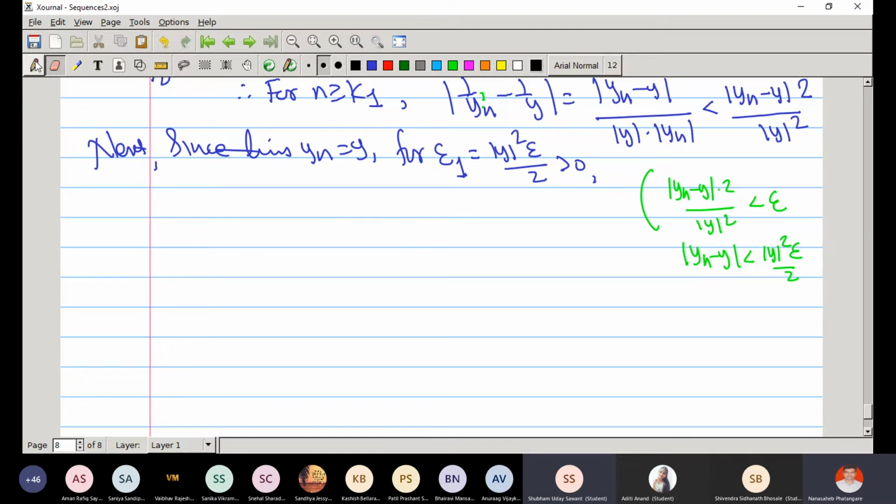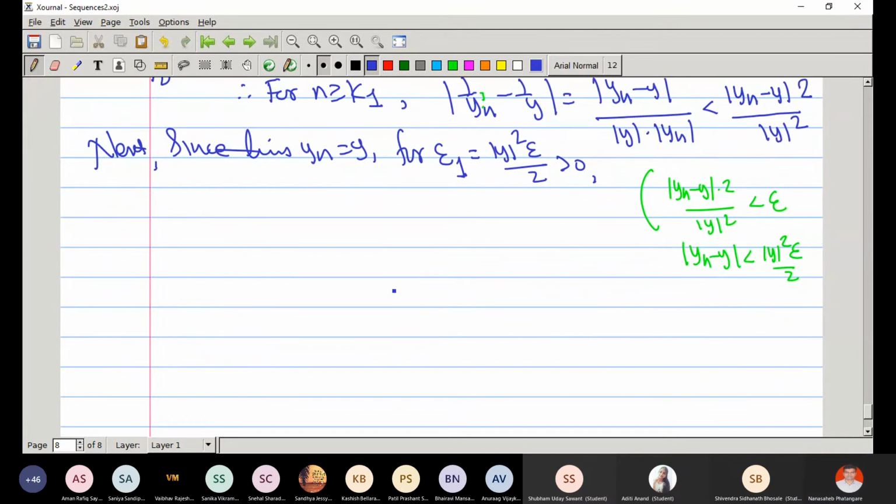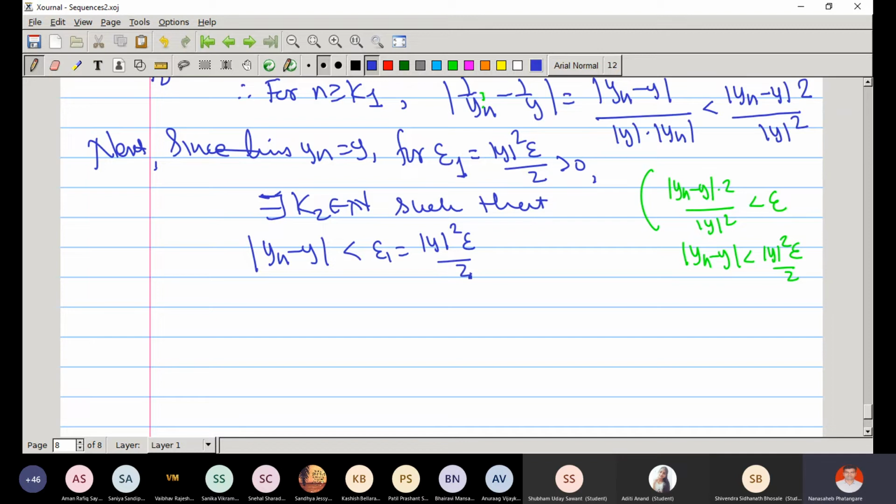For which n? For every n? No, sir, for n greater than k2. So there exists k2 after which this is going to happen, such that the distance between yn and y is less than this epsilon 1 for all n greater equal k2.